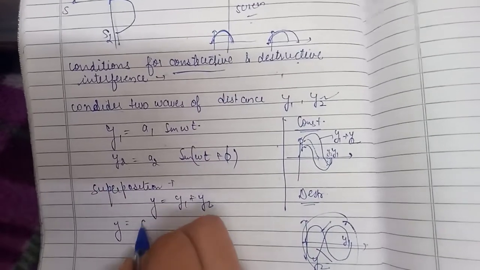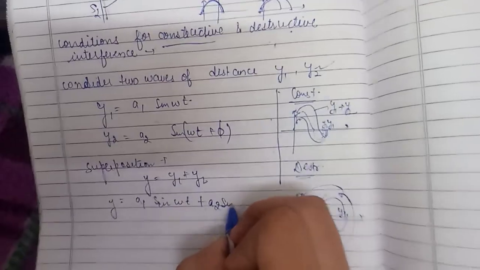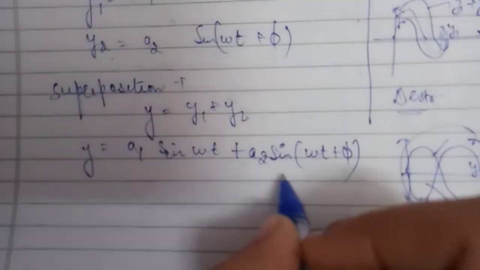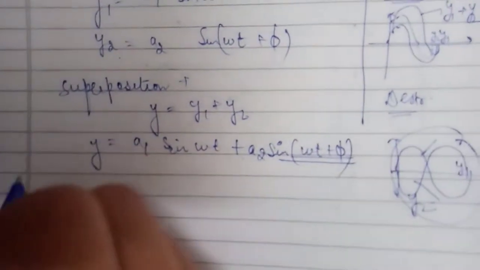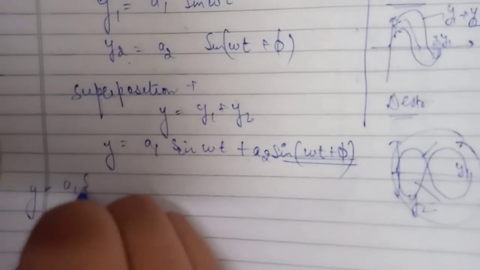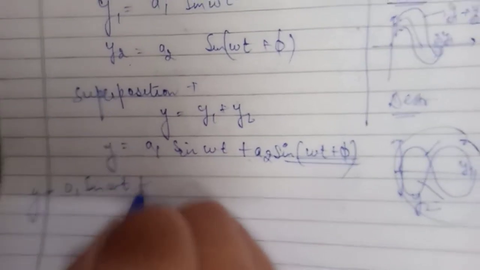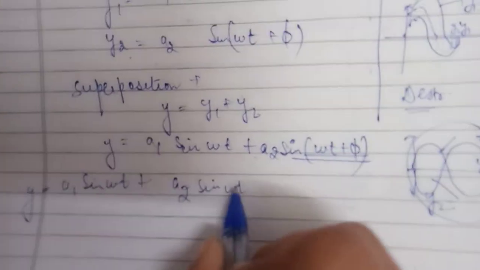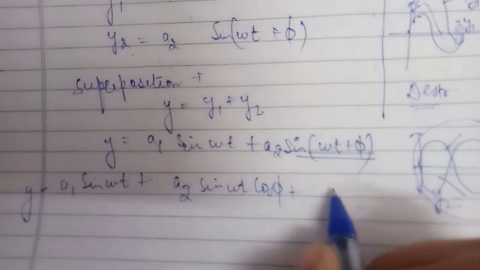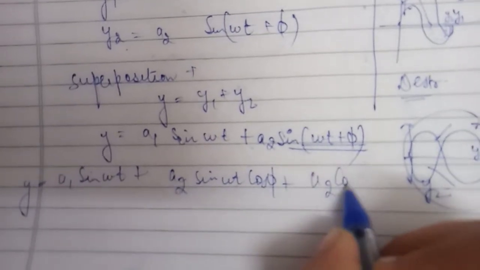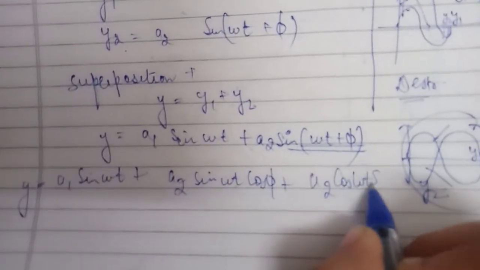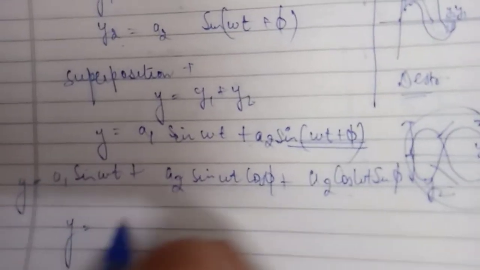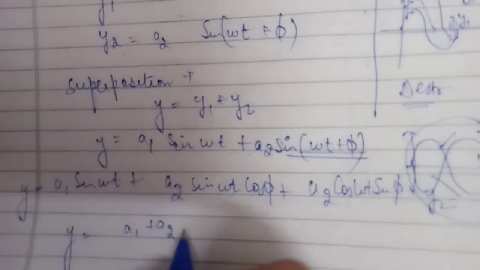So y is a1 sin omega t plus a2 sin(omega t plus phi), and we have the identity of sin(a plus b), that is sin a cos b plus cos a sin b.